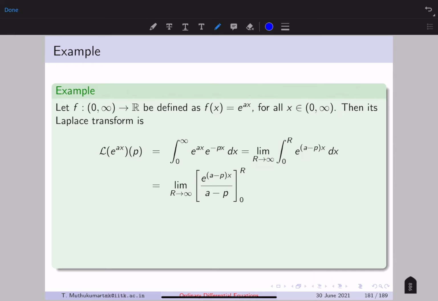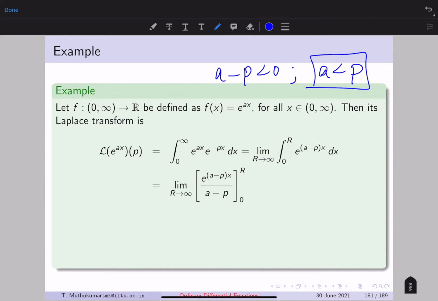Then again, you will see that this thing will vanish as r goes to infinity only when a minus p is negative. And if a minus p is negative, it basically means that a is less than p. That means p has to be bigger than a.